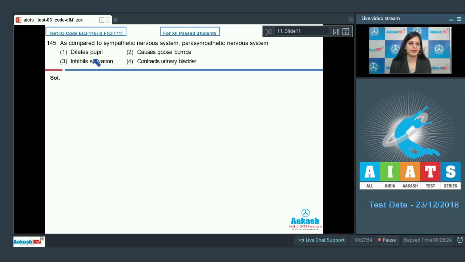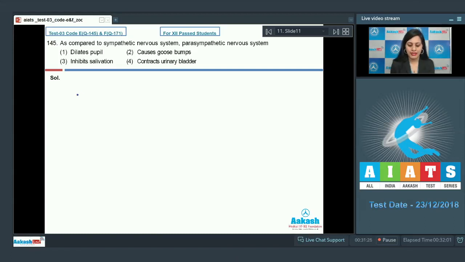Question number 145. We know that the sympathetic nervous system acts antagonistic to the parasympathetic nervous system. If the sympathetic nerve endings excite a particular organ, the parasympathetic usually inhibits it.